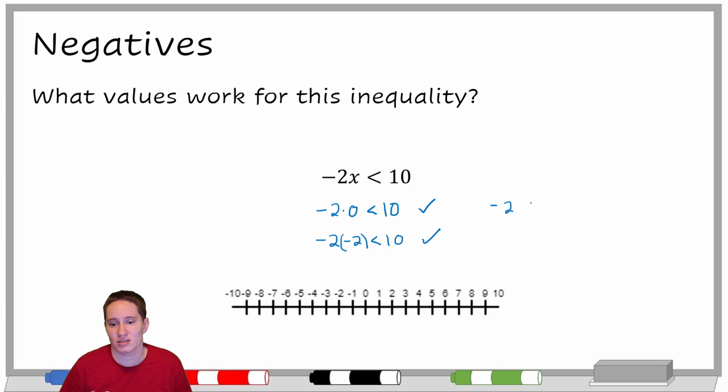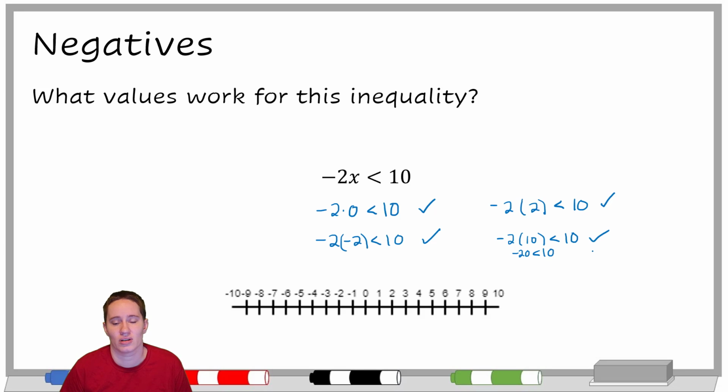What other numbers could we try here? What about +2? -2 times +2 is less than 10. Is that true? That's -4 is less than 10. That's true. So all we've gotten so far is true. What are we going to have to do to actually get something that's not true? Maybe we need to pick a big number. Let's pick something big like 10 to see. Is this true? -2 times 10 is less than 10. Well, that's -20 is less than 10.